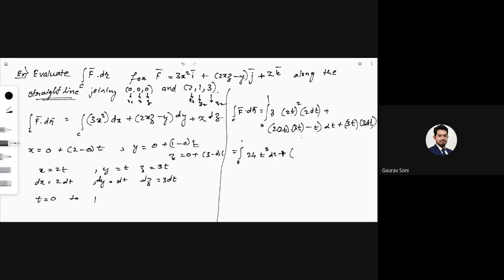Bracket 4, 12 t square minus t dt plus 9t dt. So this is equal to integral 0 to 1, 24 t cube plus 12 t square minus t plus 9t, which is plus 8t.